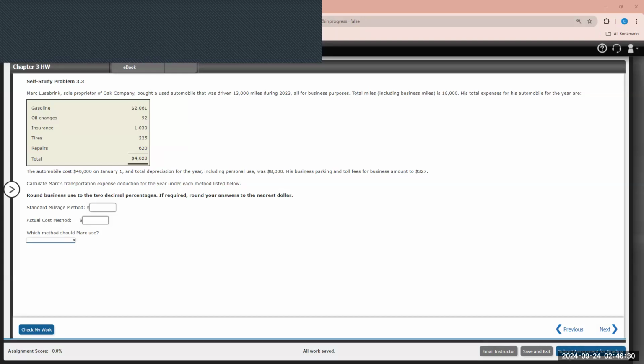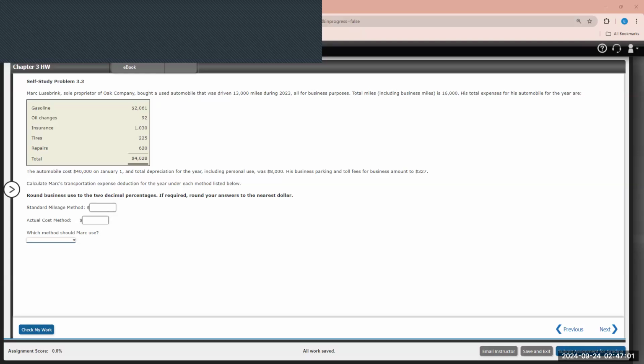Either they can deduct the actual business related expenses, or they may be entitled to using the standard mileage rate. So as mentioned, the standard mileage rate is normally adjusted each year, and most costs associated with the automobile. So obviously, if you use the actual cost method, then you're accounting for things like gas, oil, insurance, repairs, any maintenance, including car washes and things of that nature, as well as depreciation. You account for those things under the actual cost method.